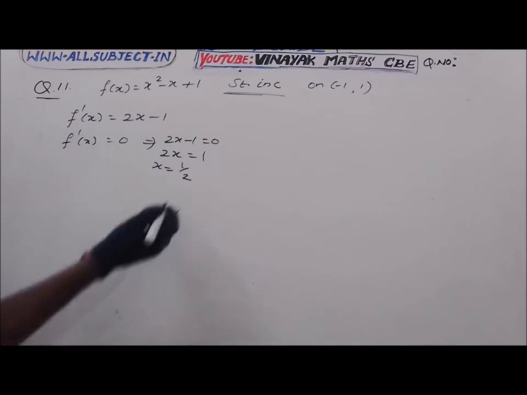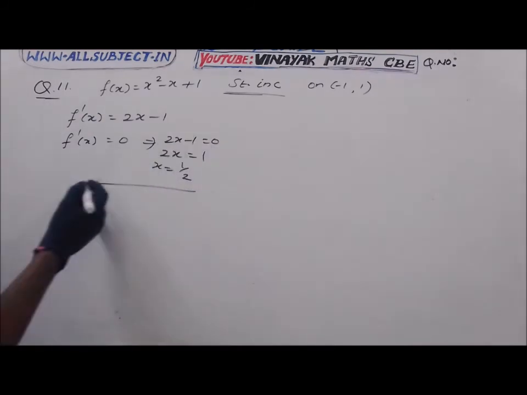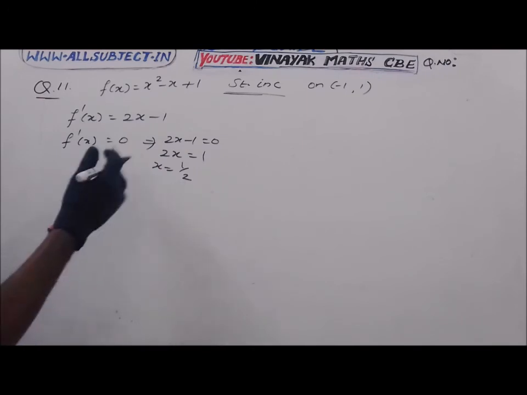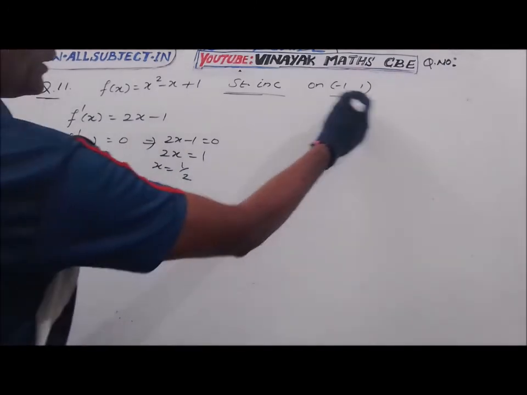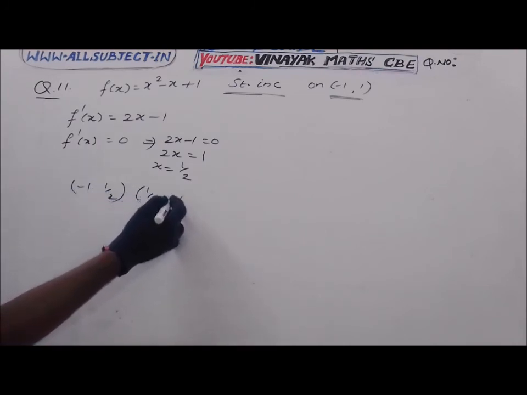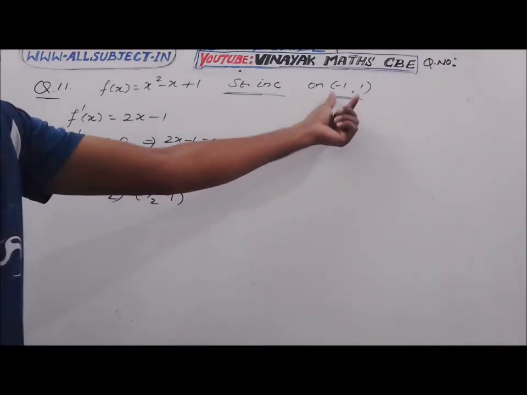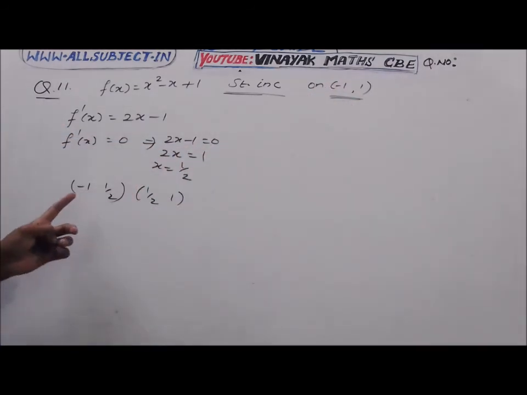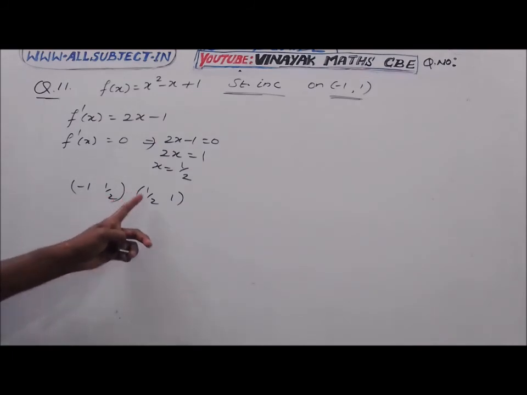Now we split the given interval into sub-intervals, that is minus 1 to 1 by 2 and 1 by 2 to plus 1. Because we have the whole interval minus 1 to 1, splitting by 1 by 2, we get two sub-intervals: one is minus 1 to half, another one is half to 1.